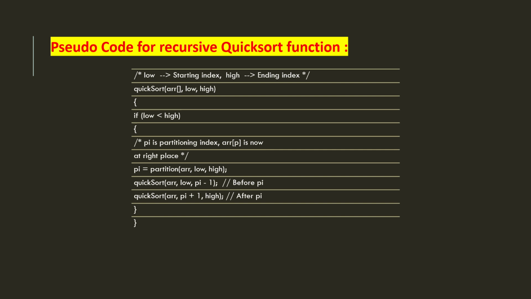Then P is equal to partition of array, low, high, then quicksort array, low and P minus 1. So before P yung P minus 1, then quicksort array, P plus 1 and high. So yung plus 1 naman po is after the partition.